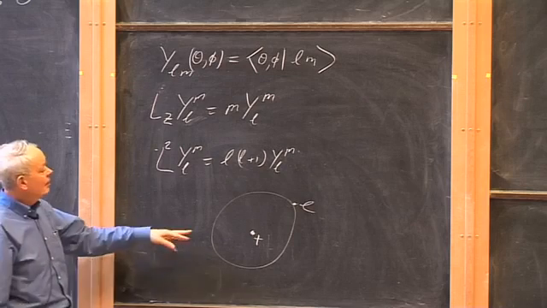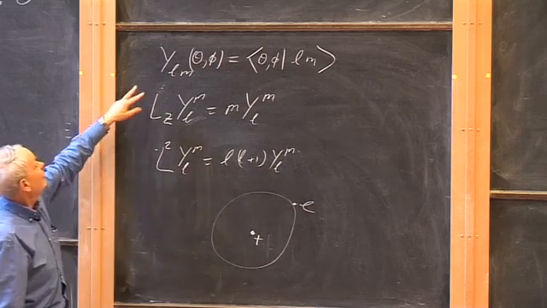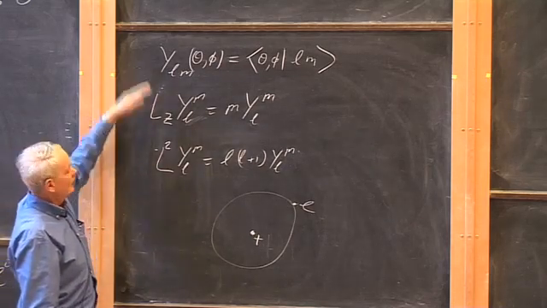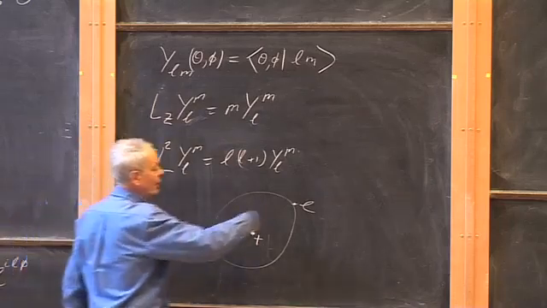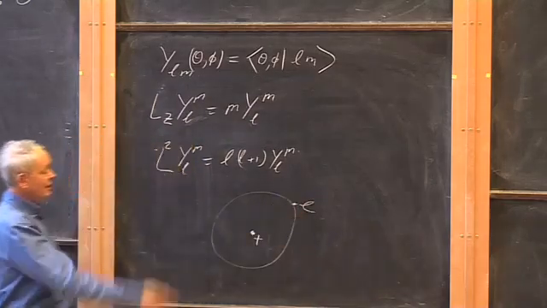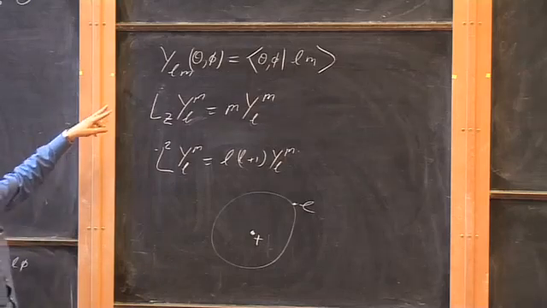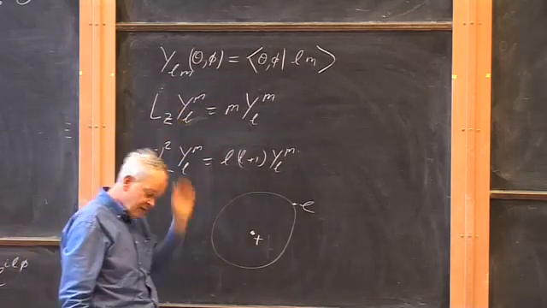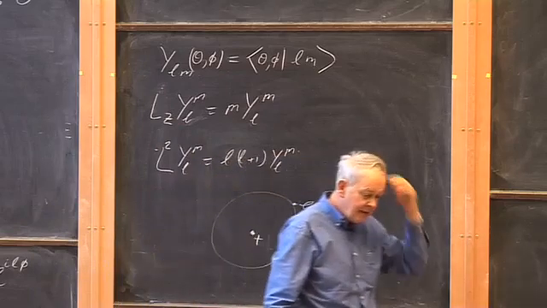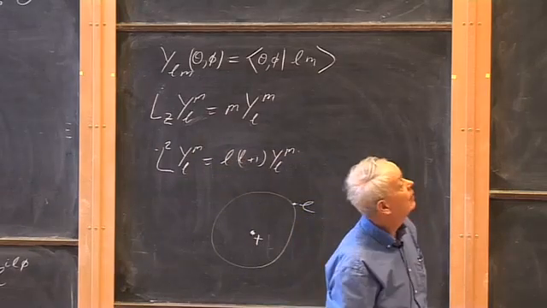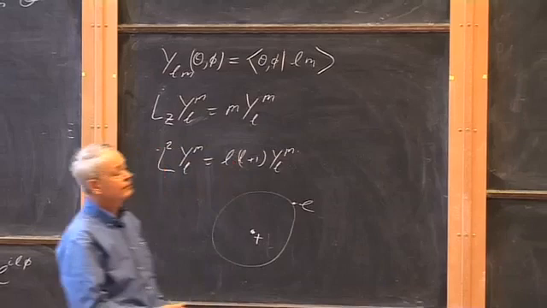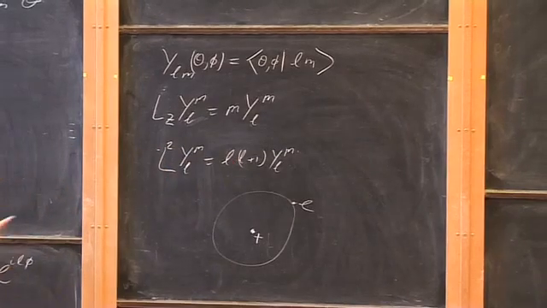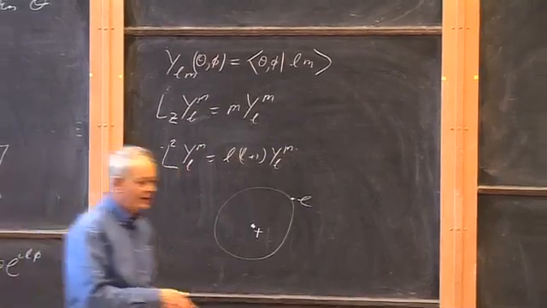The answer is that its wave function is going to be a function of r, which we'll see, and will tell you how much it's oscillating in radius as it goes round and round, times one of these YLM things. So we should be able to understand these YLM things in terms of orbits at some level, right? So let's address ourselves to that.